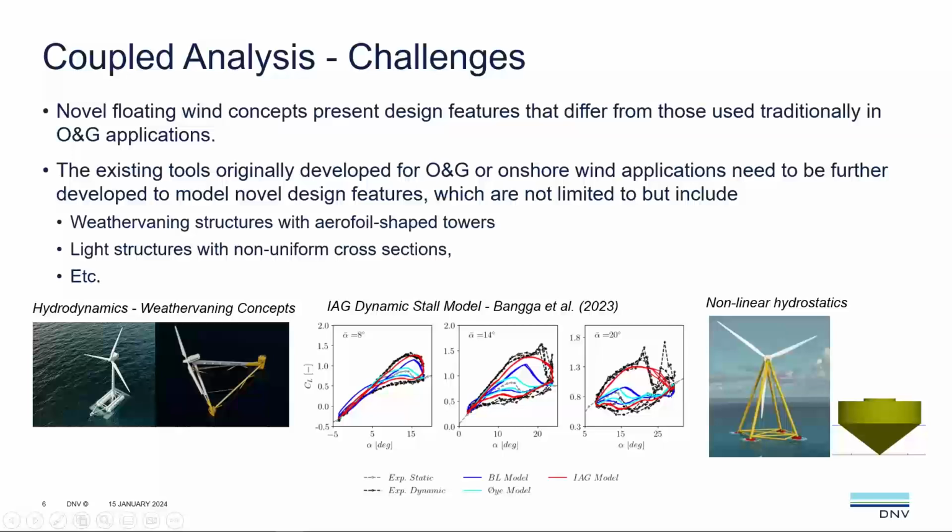And you can see the black line is the experimental trend, and this red line that matches quite well the experimental trend is a new dynamic stall model that has been developed and implemented in Bladed, and that outperforms the other traditional dynamic stall model used in the onshore industry, which is the Beddoes-Leishman model that is in dark blue in these figures.